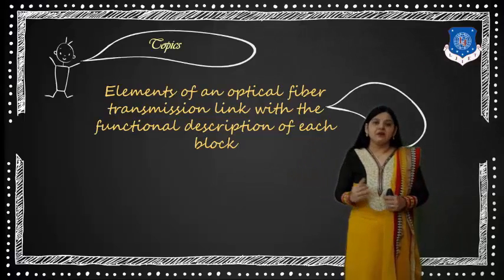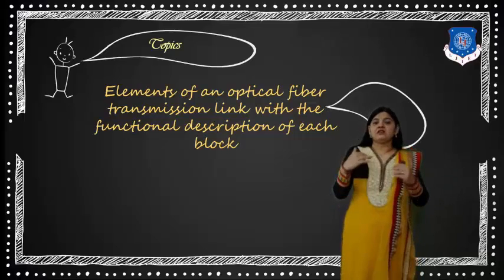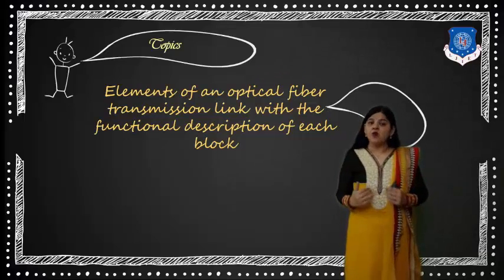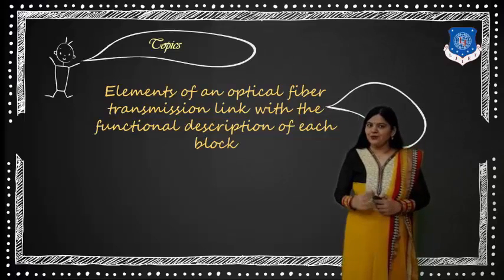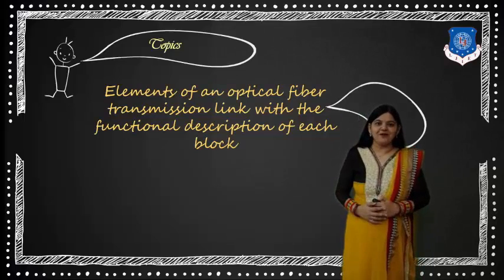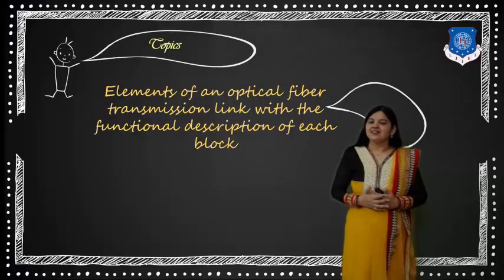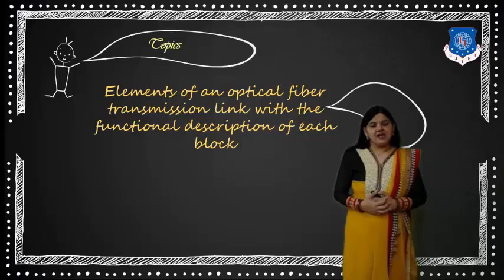So friends, here we need to learn about the specific block diagram of the optical fiber. Now we know what the optical fiber is. The optical fiber is a thin structure, and it is a hollow waveguide.